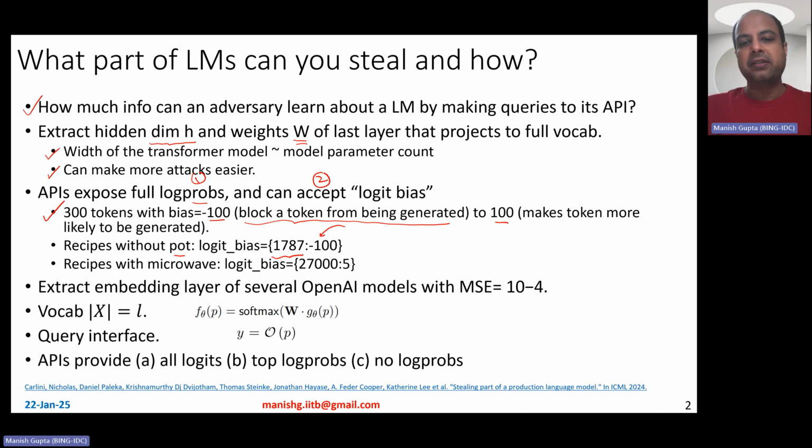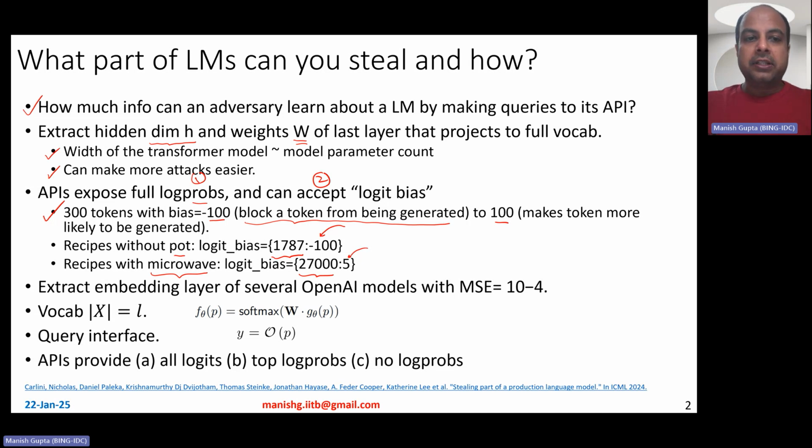Maybe you can generate a recipe with a pan involved and so on. But let's say you have a microwave and you want recipes using the microwave to be generated. You could take the token ID for microwave and give a bias of 5 or 100, or whatever positive value you want, to sample that token with higher probability in the output.